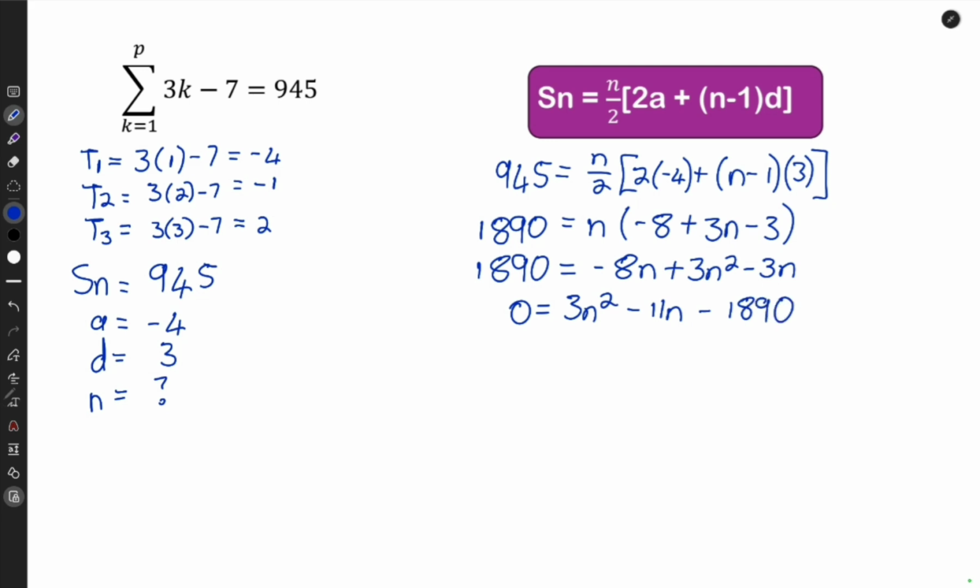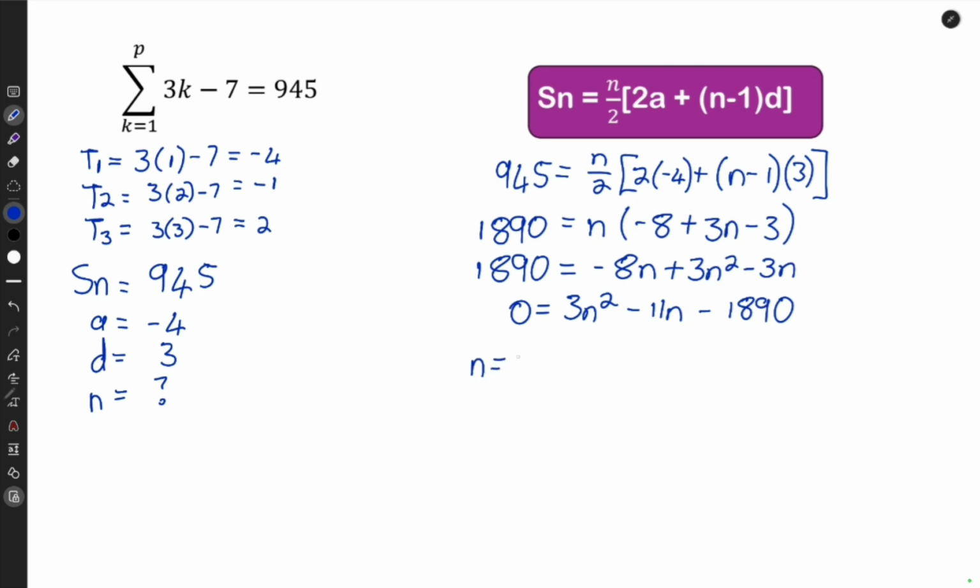Now I can use the quadratic formula or any other method you prefer to solve your trinomials. Just remember, you want full marks for this. So if you use your calculator, make sure your brackets are perfect and no one will suspect you use the calculator to do this. If you're uncertain, just write down the complete formula, then you don't have to worry about anything.